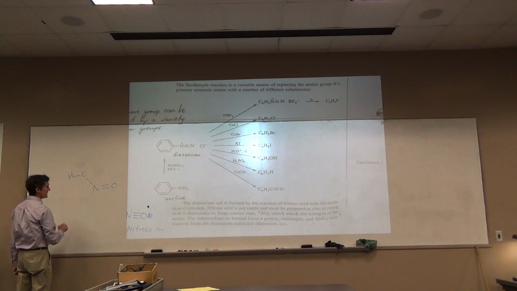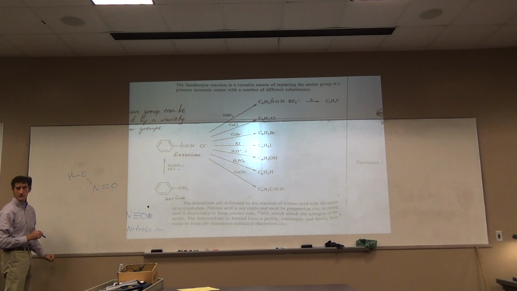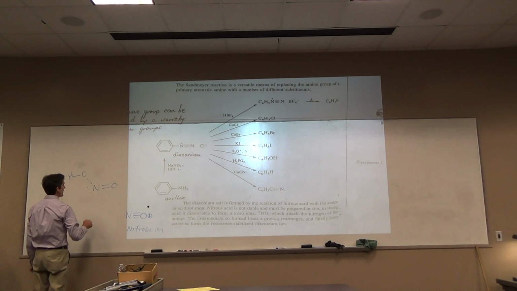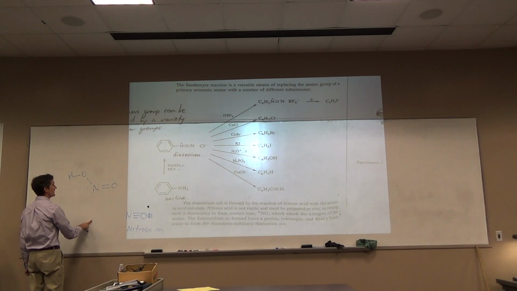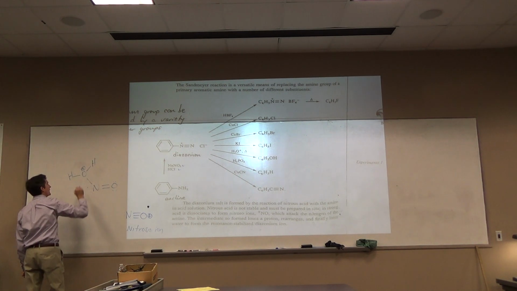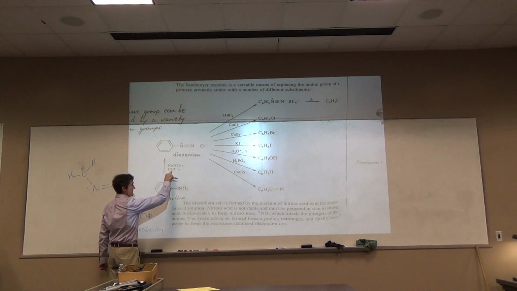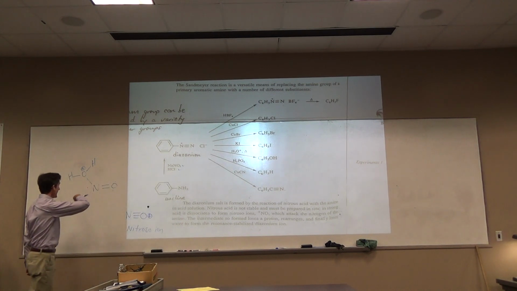How do we get there from here? What do we need to lose? An OH? How do you make oxygen a leaving group? Protonated. Okay? You need to protonate this. I'm not going to redraw it. I'm just going to draw it protonated. The acid actually protonates the nitrite twice.